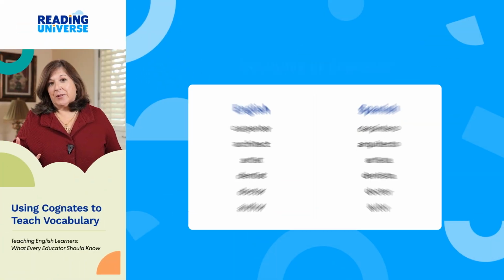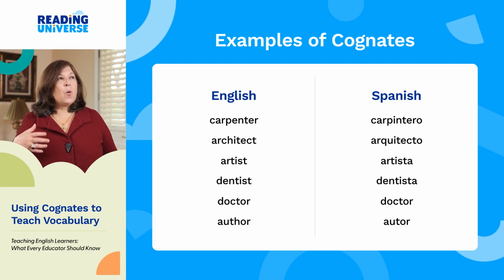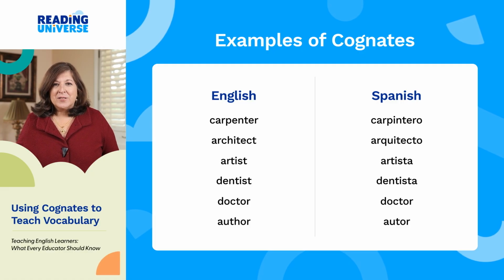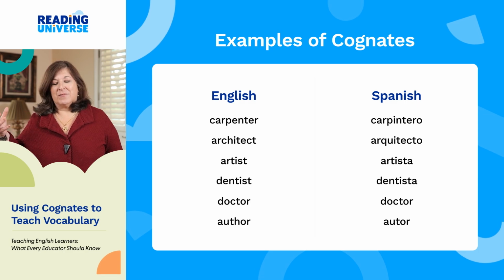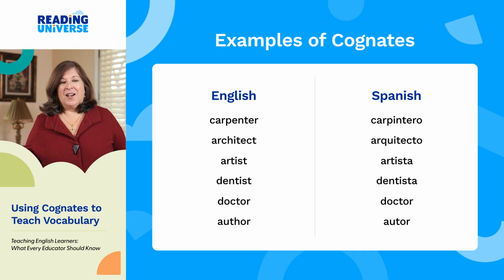One of the ways that you can help the students is by thinking about cognates and introducing them around a central idea. For example, when I speak about occupations, I think, wow, look at all the words that are similar, especially in the Spanish and English language. Some report that it's 25% or 30% of words that can be cognates.